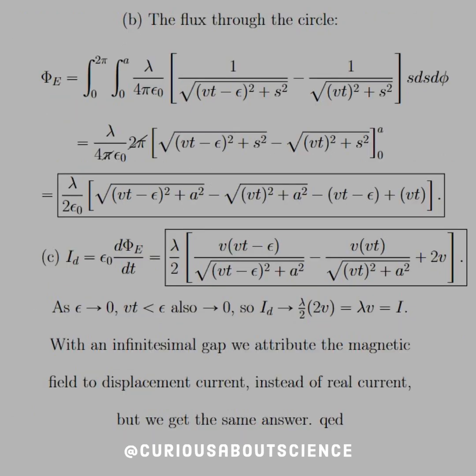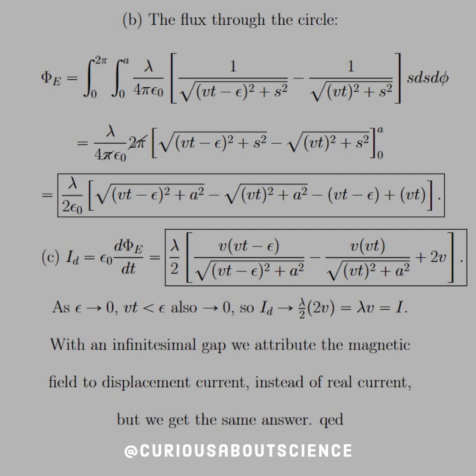Alright, so the flux through the circle then is flux E equal to the integral from 0 to 2 pi, 0 to a, since that's our bounds, of Ez times s ds d phi for our integral. Let it work its way out. That s, if you do a u-sub on it, will make this much easier.